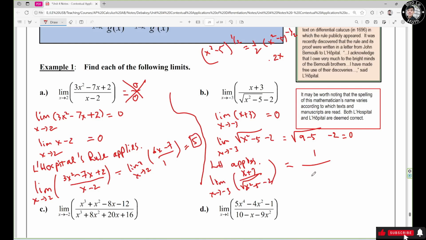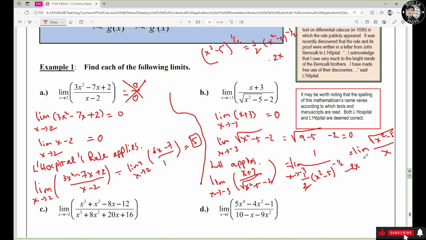So this turns out to be 1 over 1/2 times (s squared minus 5) raised to the negative 1/2 times 2s. And don't forget to write the limit as s approaches negative 3. (s squared minus 5) raised to the negative 1/2, I bring it to the top, so it turns out to be the square root of s squared minus 5 over 2s, and the 2 and 2 cancel out, so it's just s.